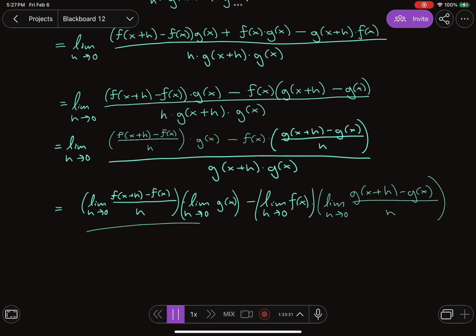Oh my gosh, you guys, this is powerful. All divided by the limit as h approaches 0 of g of x plus h times the limit as h approaches 0 of g of x.